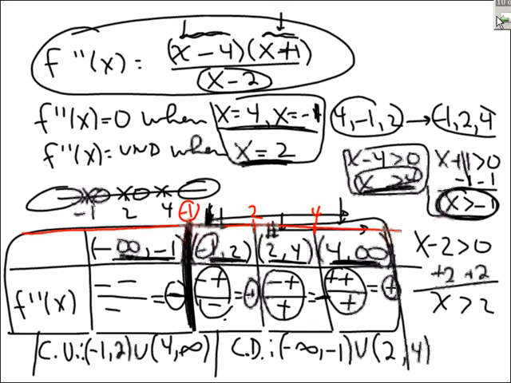Everything to the right of -1 is more than -1. This interval, this interval, this interval, all more than -1. That means that x plus 1, that factor is positive. We get a lot for a little. Solve one inequality and find out, in this case, 4 signs. You should not pick test values.